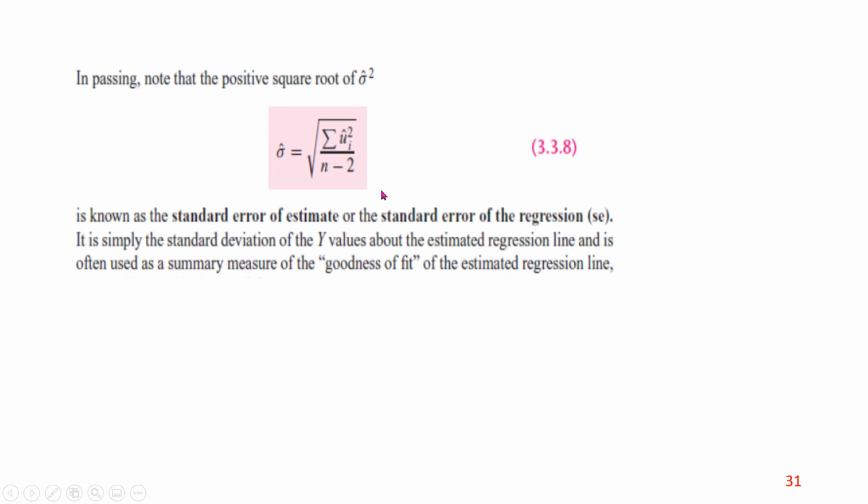Its value is used as a yardstick for deciding how good a model is, or how well a model has been able to explain the dependent variable. So if the standard error of the regression is low, the model is a better fit for the given dependent variable. We will discuss the standard error of regression in detail in later videos.